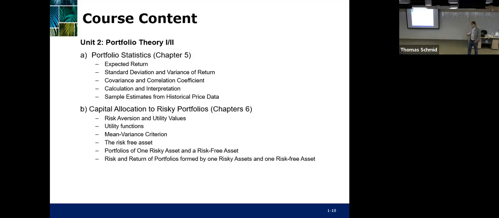I mean, if you think about your risk tolerance or risk aversion and the risk aversion of your grandparents, you will rationally choose very different portfolios than your grandparents because your risk aversion is much lower than that of your grandparents. You can tolerate some losses. You have a long investment horizon. But if you are close to your retirement or even already retired, your risk tolerance typically is much lower.